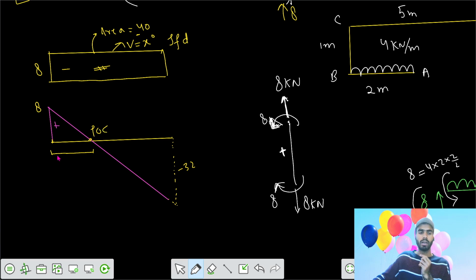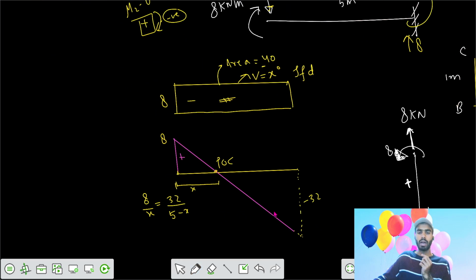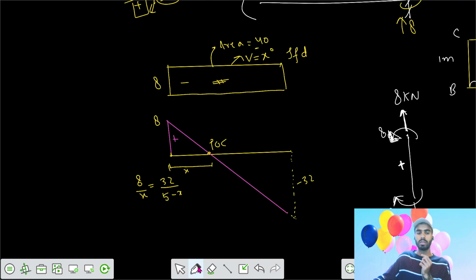You can write its value as 8 by x equals 32 by (5 minus x), and the value of x we have not calculated. We can get the value of x also. So this was your shear and bending moment diagram for this cantilever member.